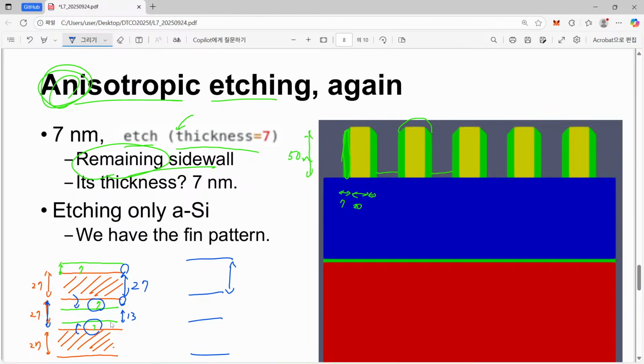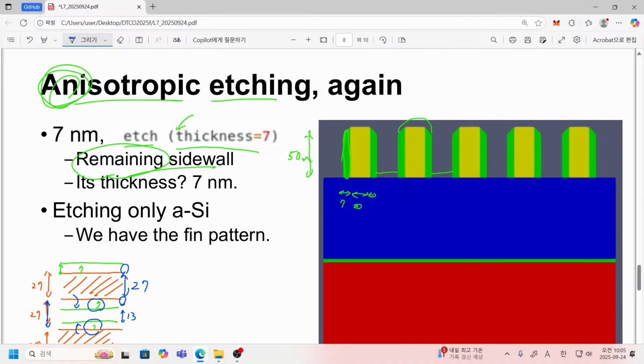So this kind of 50-50 strategy cannot be done. So we have to carefully select the original drawn lines, and that is called trimming.